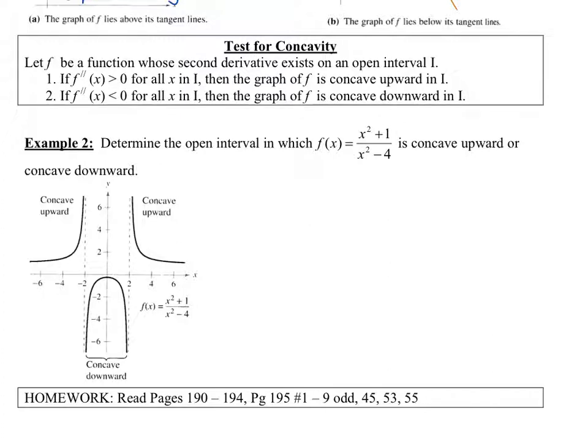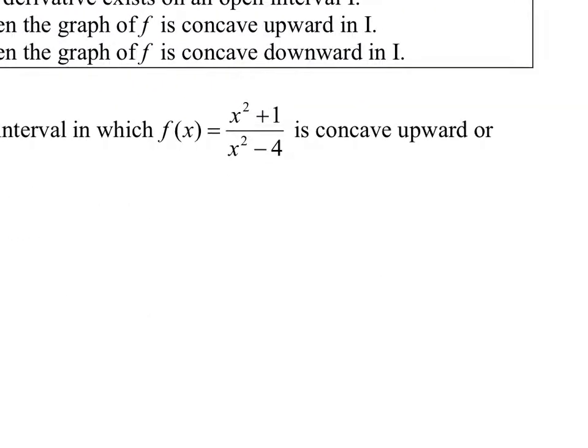Here it says, determine the open intervals in which this function is concave upward or concave downward. Now you can see the results right here, but let's take a look at how we would go about finding that. If I'm looking for concavity, that term ought to automatically tell me I need to find the second derivative. That's a connection you need to make in your head.